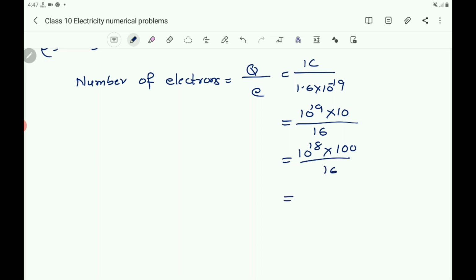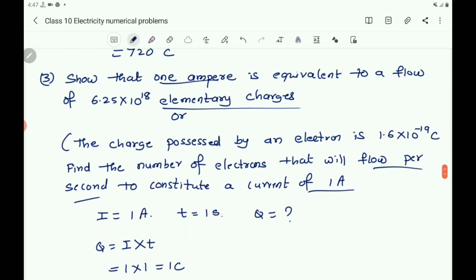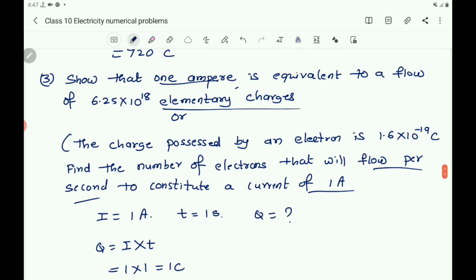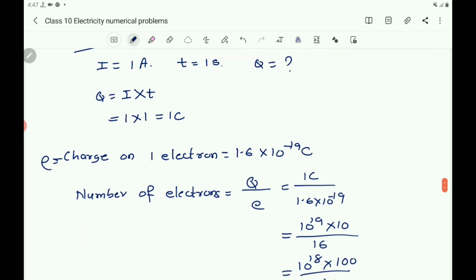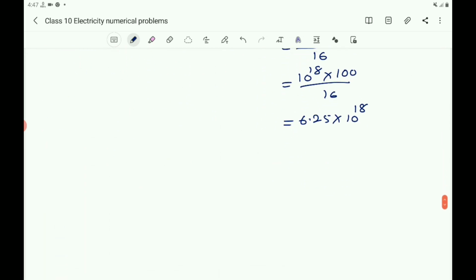If you divide 100 by 16 you will get 6.25 into 10 power 18. So it is proved that 1 ampere is equal to a flow of 6.25 into 10 power 18 elementary charges.